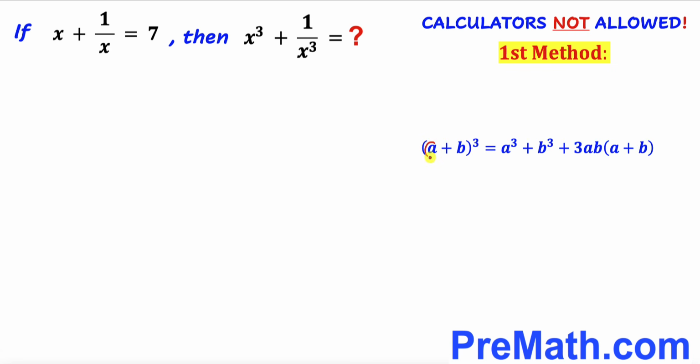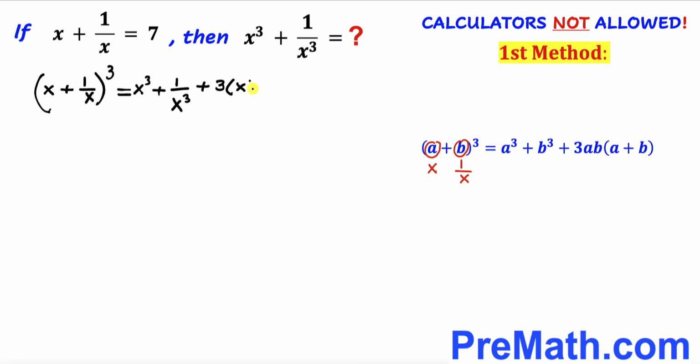And now if I label a as x and b as 1 divided by x, then we can write this identity as x plus 1 divided by x whole power 3 is going to be equal to x power 3 plus 1 divided by x power 3 plus 3 times x times 1 divided by x, and then times x plus 1 divided by x.